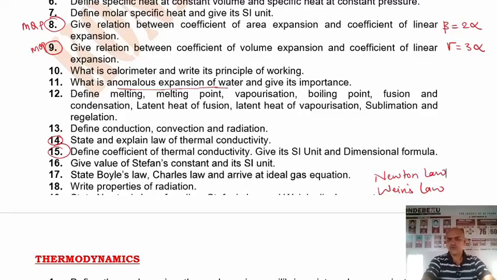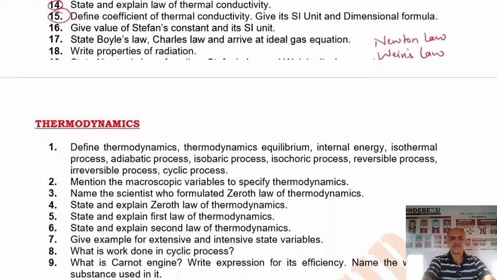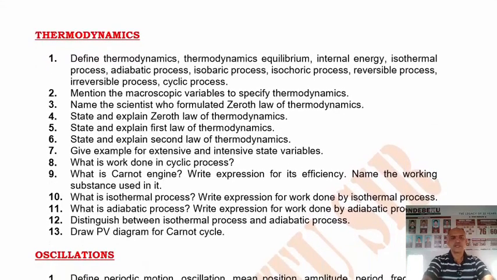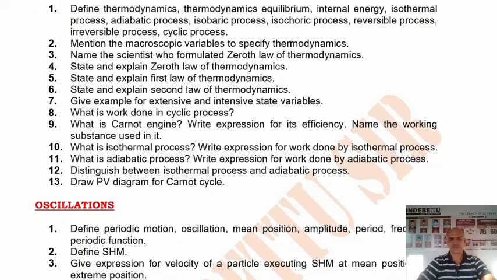Now if you go for thermodynamics, in thermodynamics there are definitions again. So 0th law, first law, second law of thermodynamics, then isothermal process, adiabatic process. Don't go through derivations, just go through their expressions, because for 2 and 3 marks it's sufficient.